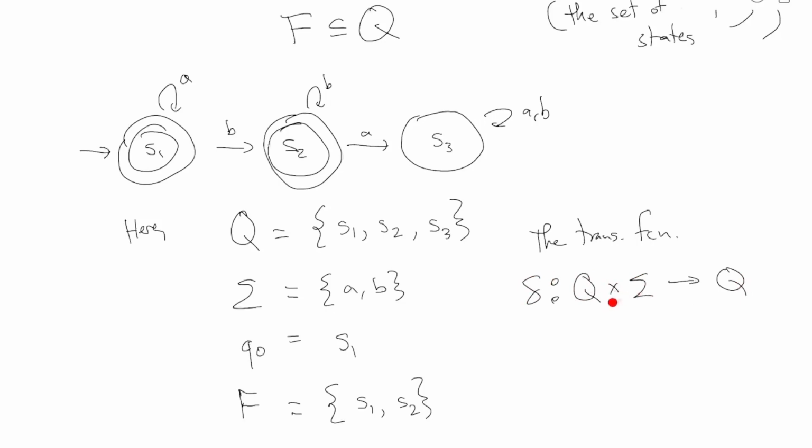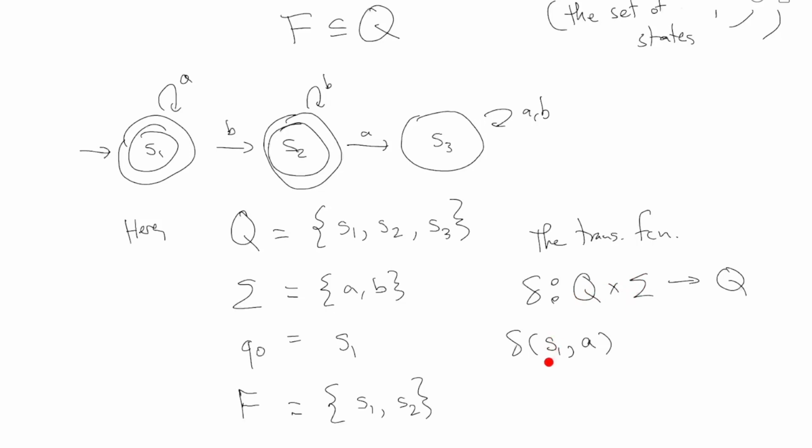And what the cross means, this is the product of 2 sets, which is the set of all pairs, where the first thing is from Q and the second thing is from sigma. So what that means is the way you write down what delta looks like is you plug in a pair, something that looks like S1, comma A, where the first part of the pair is a state, and the second part of the pair is a letter from the alphabet. That's what this Q cross sigma means.